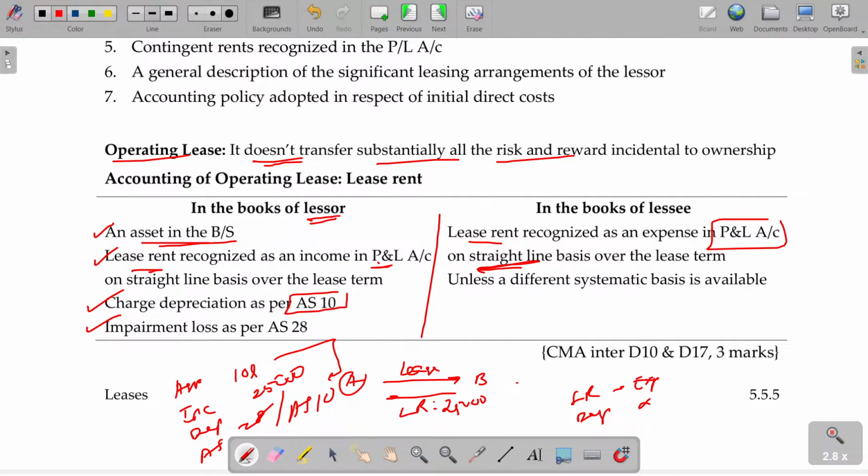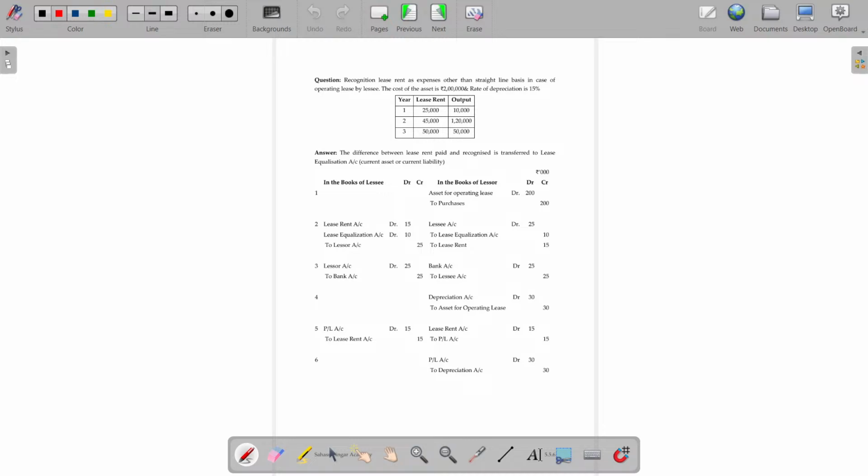Though A may be the owner, the beneficial owner is B. B is enjoying all the benefits, so we allow B to enjoy the depreciation. We'll see that later along with the finance lease. In taxation, it's different, and as per AS 19, it's different. We'll see that in the next class. Now I'm going to finish up operating lease.